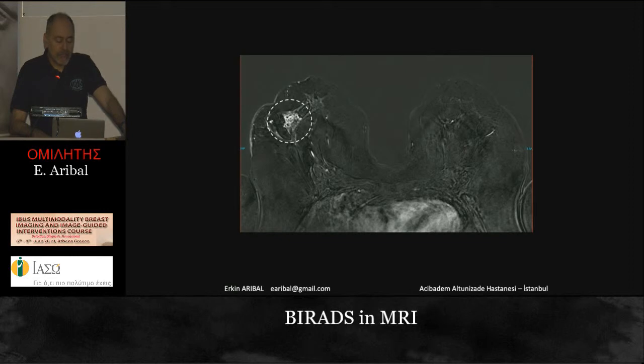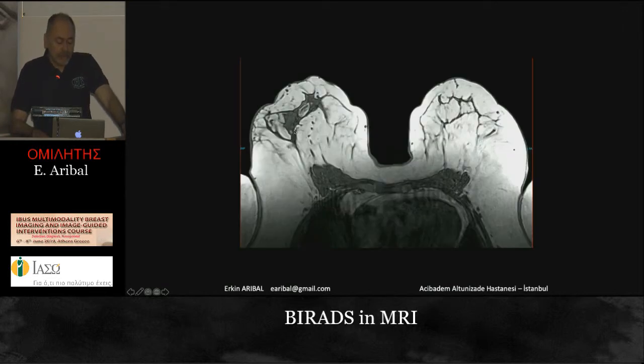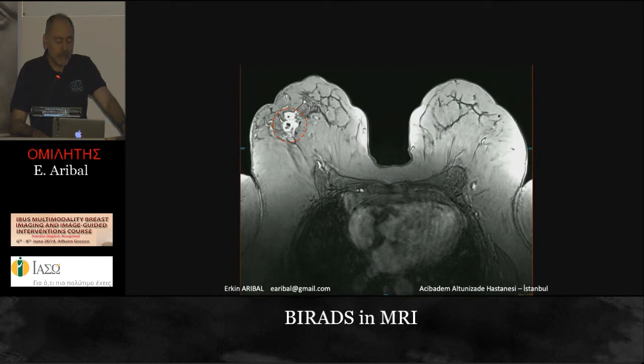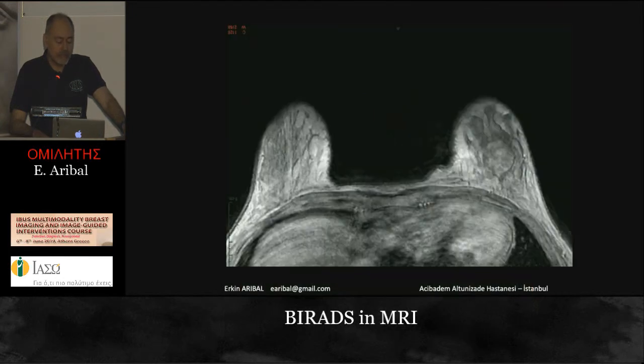This is another case with malignancy that you see some black holes inside, which may be the malignant necrosis, and you see the retraction as an associated feature. Another case, this is a lesion here, which is isointense with the fibroglandular tissue, and this is the contrast enhancement of the lesion, very fast.